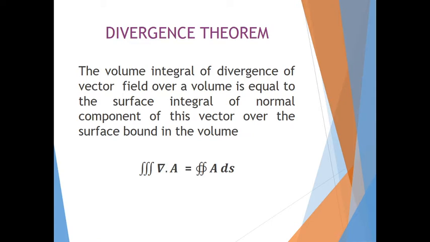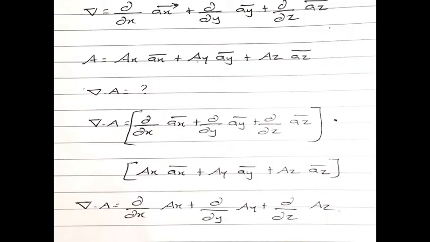That is, the triple integral of del dot A dV is equal to the closed double integral of A dS. In this, the differential vector operator del is equal to dou by dou x ax vector plus dou by dou y ay vector plus dou by dou z az vector.